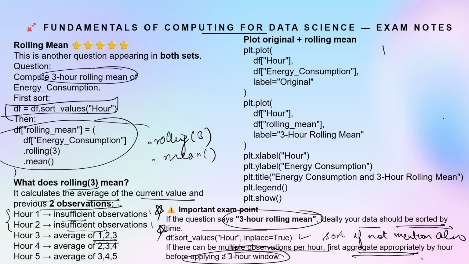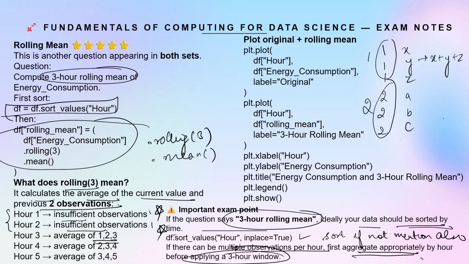Let's say person 1 has done transactions X, Y, and Z, and person 2 has done A, B, and C. In order to check how much 1 and 2 have spent in the mall, you need to aggregate them, so A plus B plus C. Only then will you be able to get the value. So this is what I was trying to say. Ultimately, you will have to calculate the mean or the maximum value.